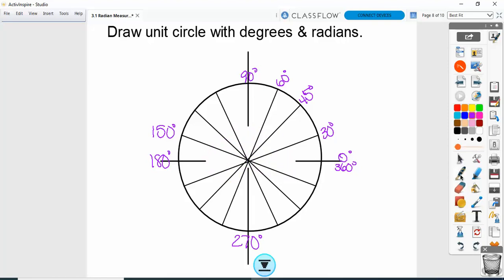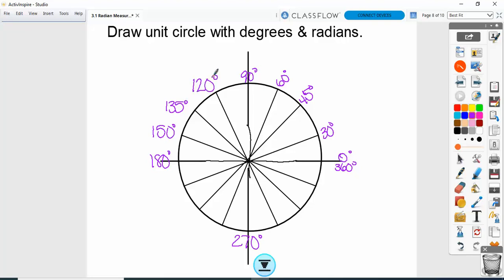This would be a reference angle of 45. So what would we do? 135. So it's a reference angle of 60, or 60 degrees from the x-axis, so 180 minus 60, 120.